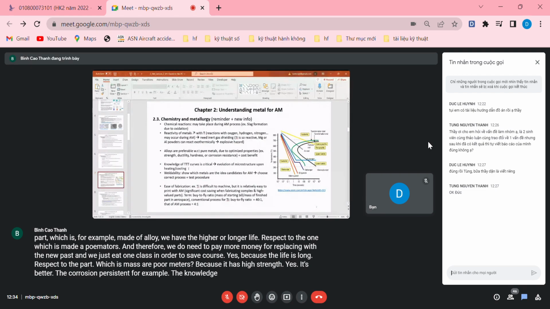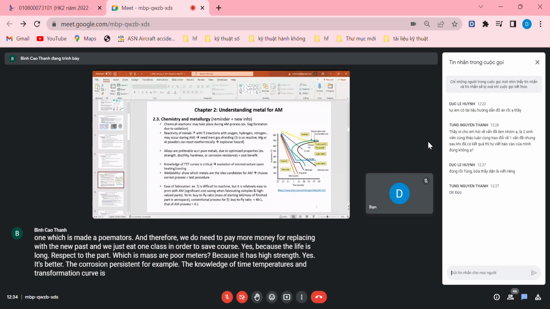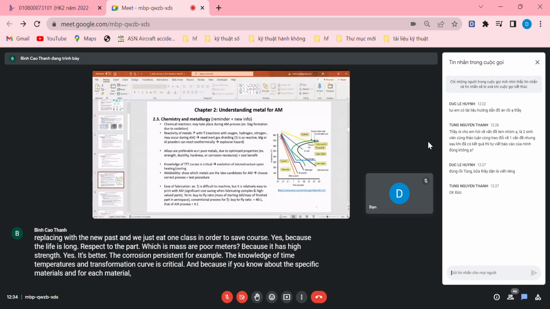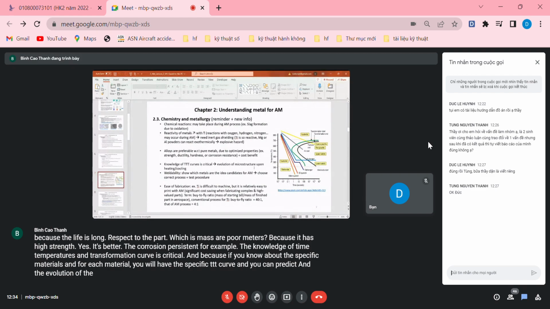The knowledge of time, temperature, and transformation curves is critical, because for each material you will have a specific TTT curve, and you can predict the evolution of the microstructures on heating or cooling.